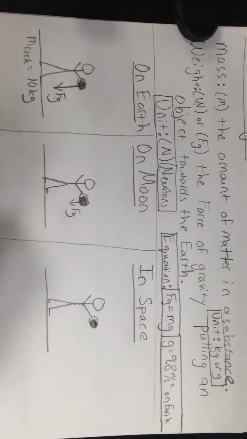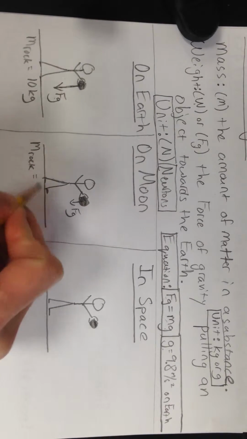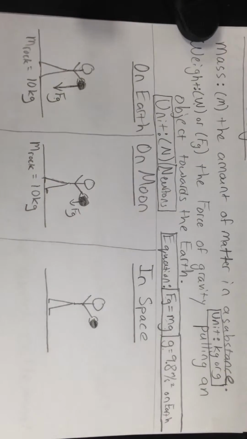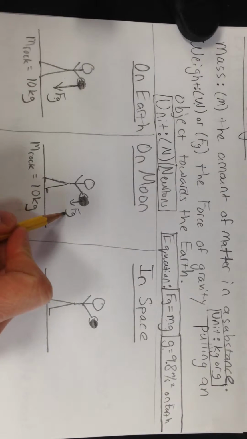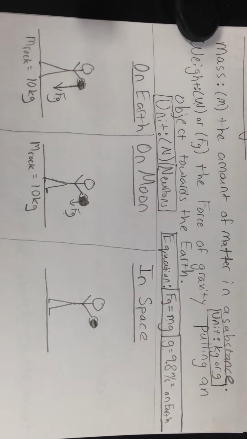Now if you take that rock to another planet, the moon, the amount of matter in the rock is the same, so it has the same mass. That doesn't change based on location. But when you hold the rock, you would experience a smaller weight. That's why I drew a smaller arrow in Fg, smaller Fg. The rock would not exert such a great pressure on your hand on the moon as it would on Earth.